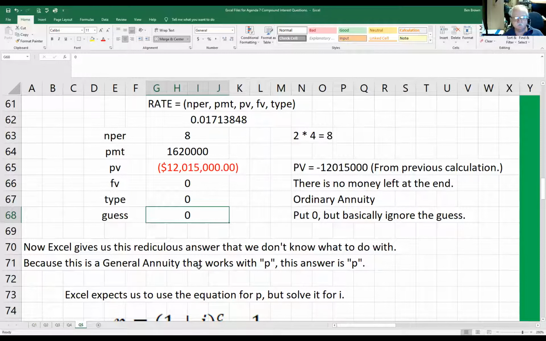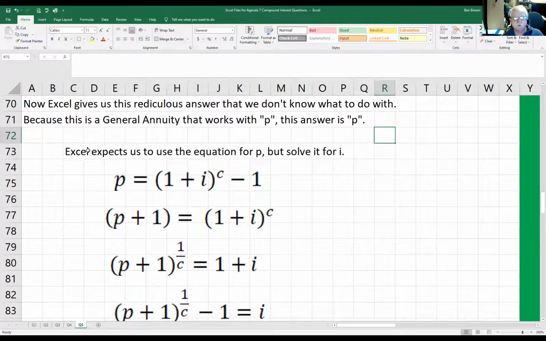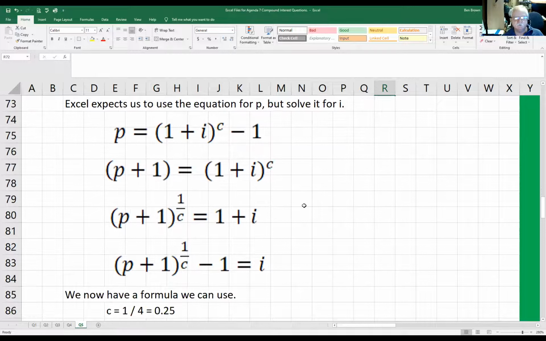Because this is a general annuity that works with P, this answer is P. Excel expects us to use the equation for P, but solve for I, which for some reason they don't give you this formula in the textbook. I'm not sure how they expected you to do it.